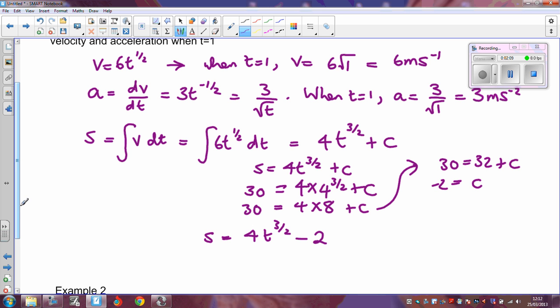So the question says, what is the displacement when t is 1? That means that s is going to be 4 times 1 to the 3 over 2, that's 4 take away 2, which is 2 meters. So the displacement there would be 2 meters.